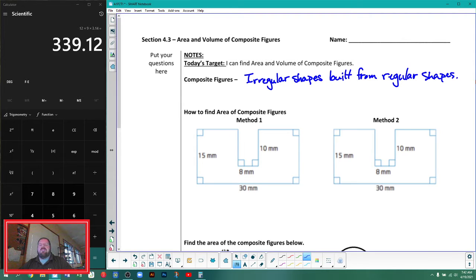I think the big difference is just how your brain views it. When I think of one method, I think of what we consider to be an additive method, and in the additive method, I'm thinking about breaking down the shape that I have into multiple more standard shapes.